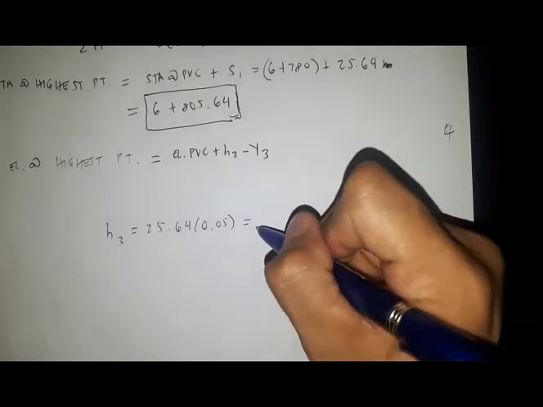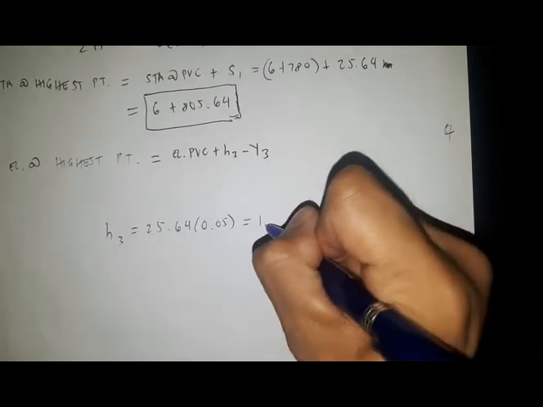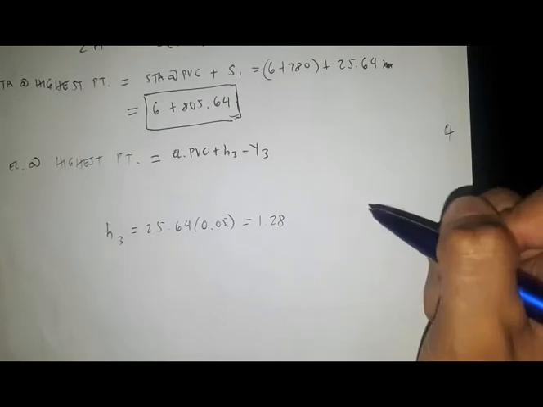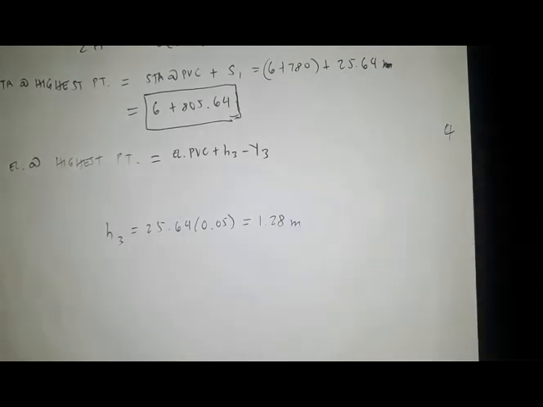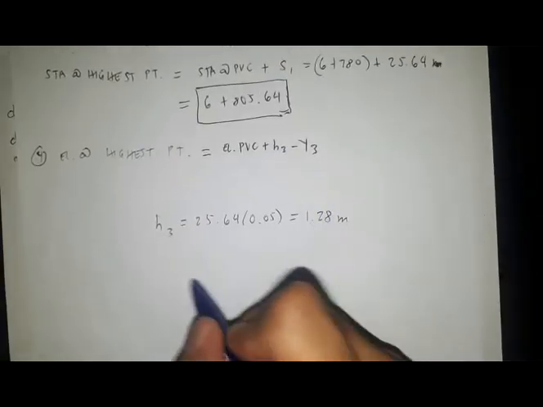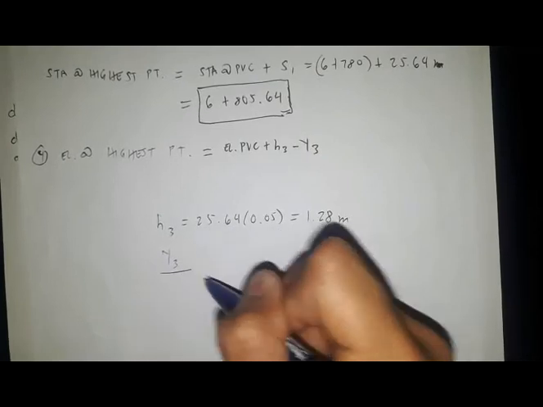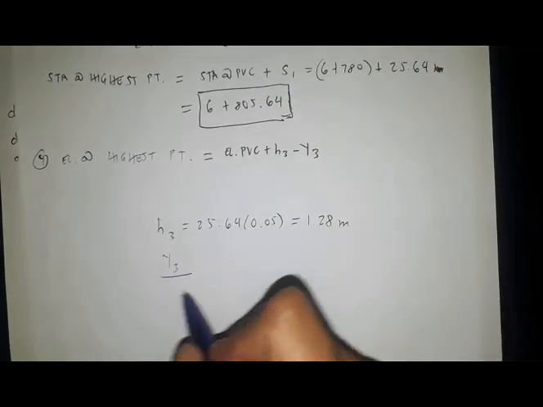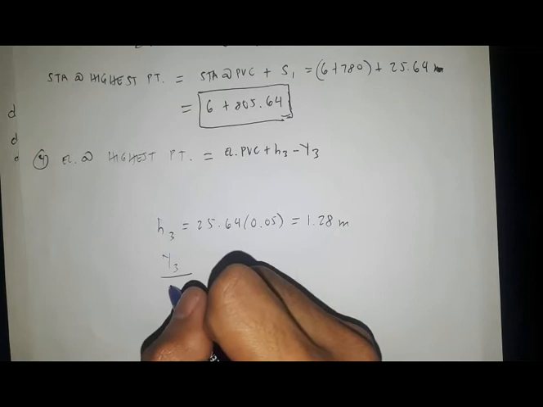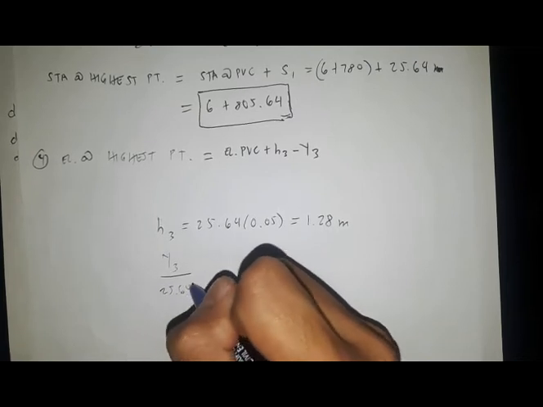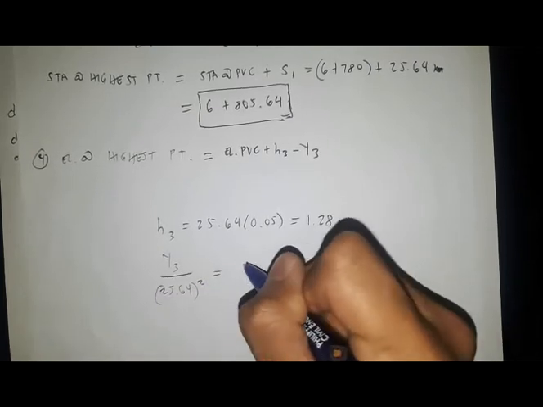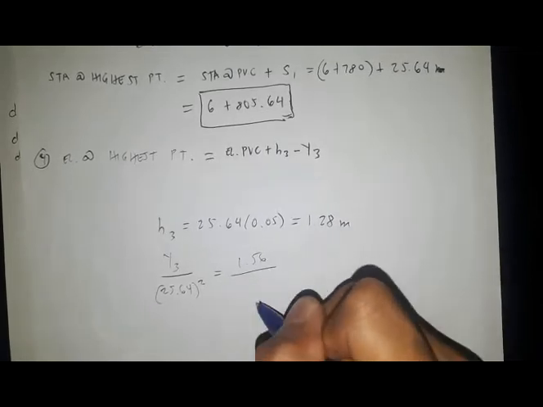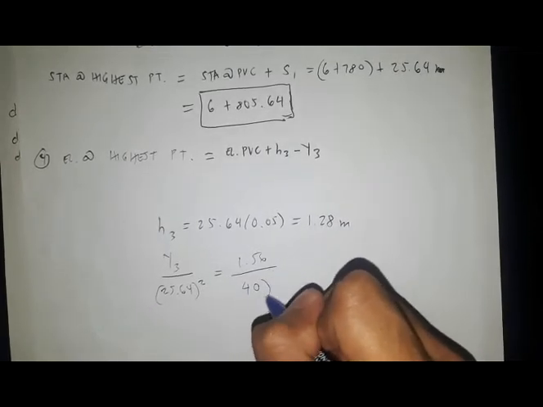So we have 1.28 meters. Now to solve for Y3 using the square property of parabola, Y3 is to S1, 25.64 squared, equals H is to L1 squared.